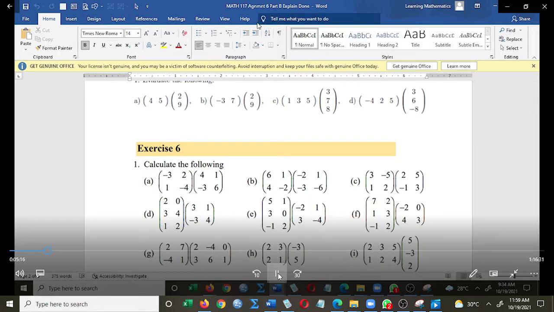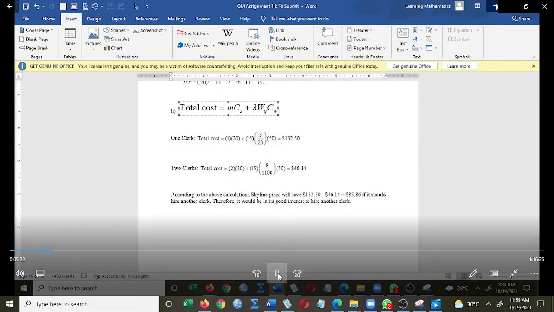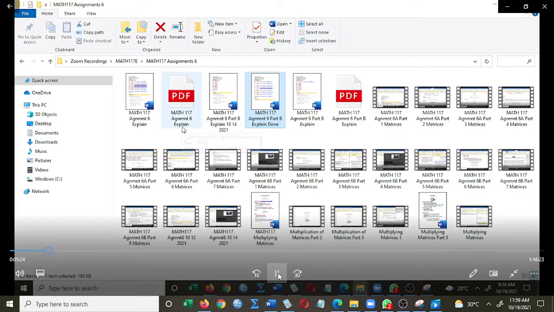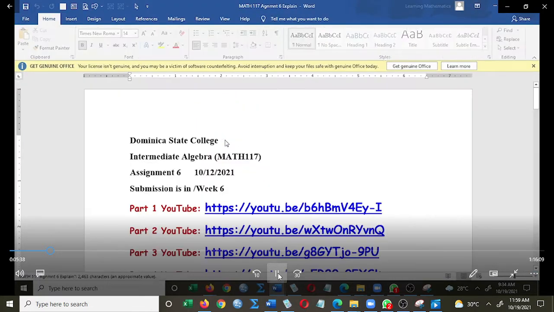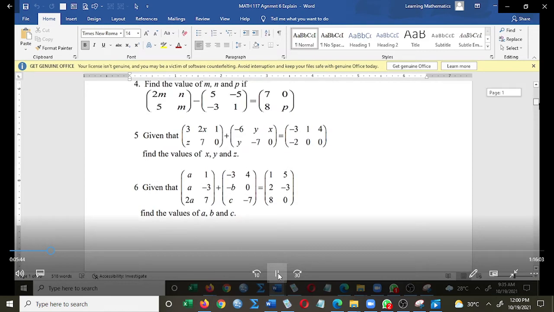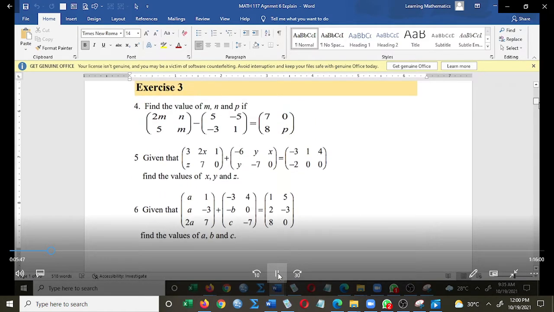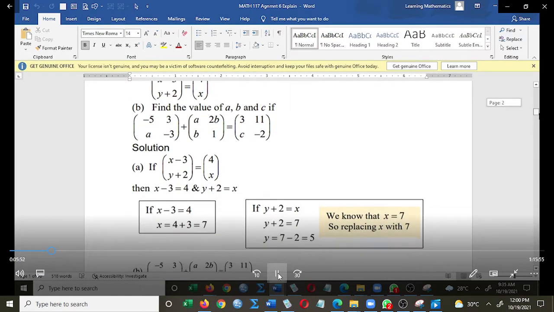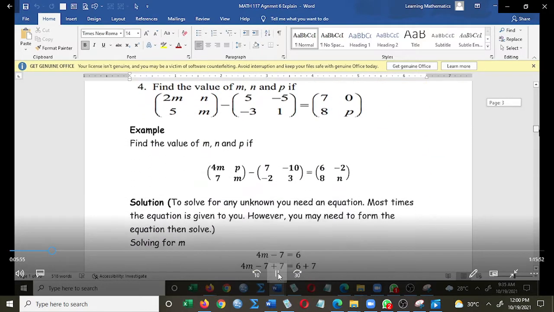So I need to go back to part A. Let's go to part A. If you look at this explanation that you have there, find the value of m, and how it was explained and demonstrated.